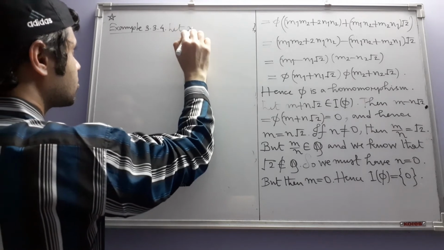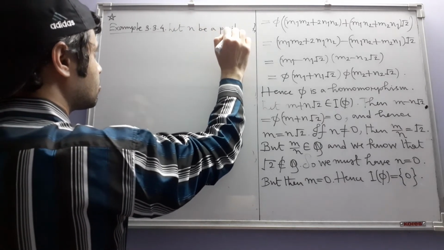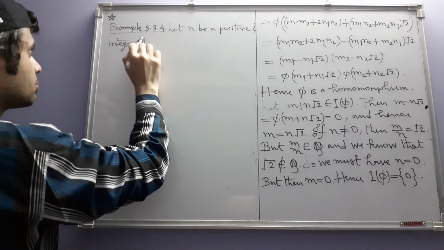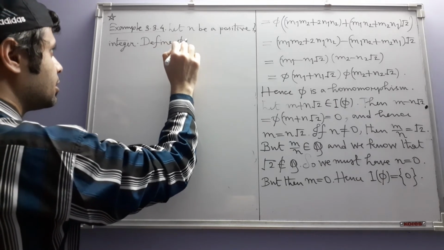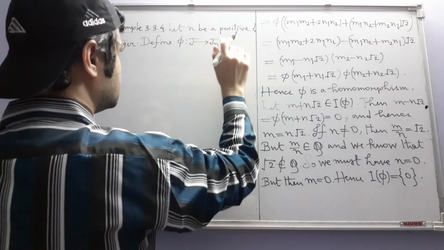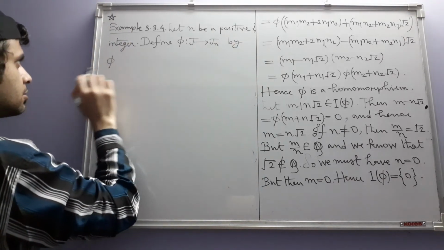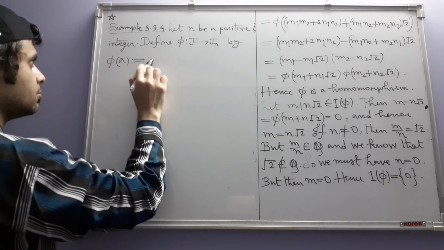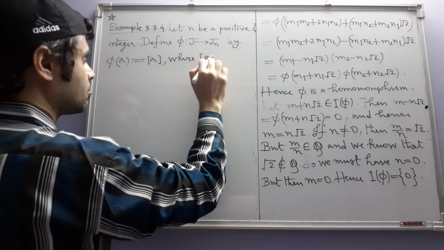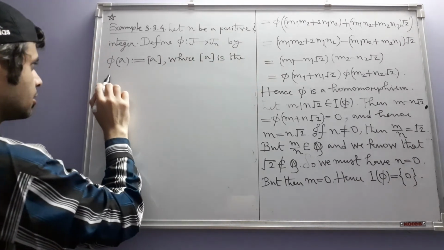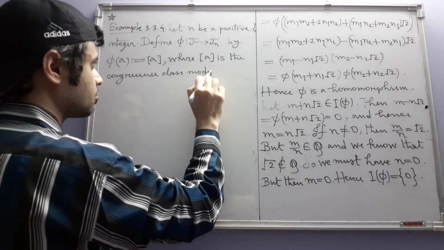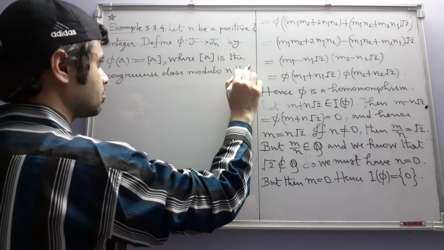Let n be a positive integer, define the function phi from j into jn by this, phi of a is equal to this, where this is the congruence class modulo n that contains the integer a.